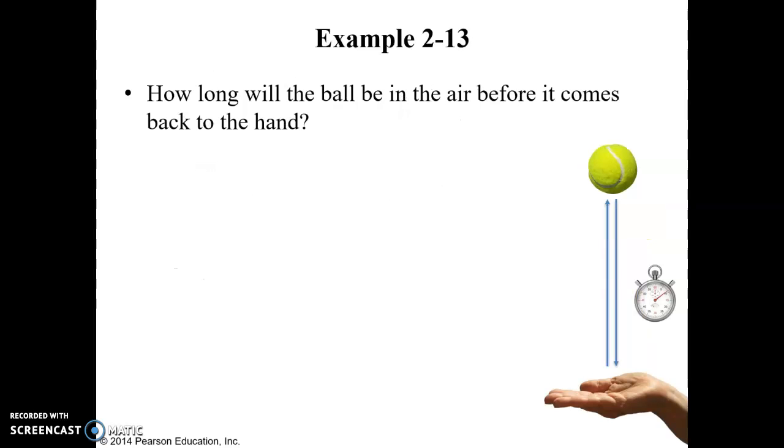The next part of it asks, how long will the ball be in the air before it comes back to the hand? So now we've introduced time. Now we need to use one of those other constant acceleration equations to find out how long it's in the air.